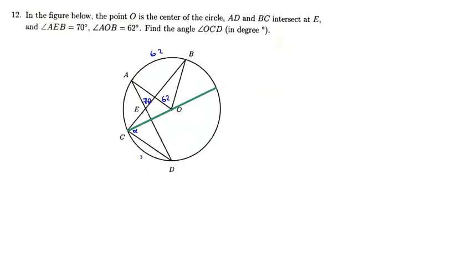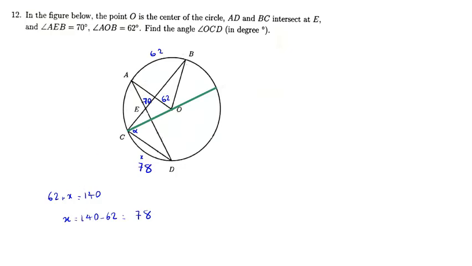So if I consider this is x, I say 62 plus x over 2 is 70, so 62 plus x is 2 times 70, 140. So x equals 140 minus 62, which is 78, this angle.